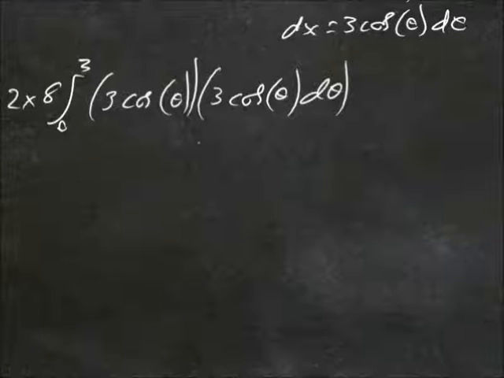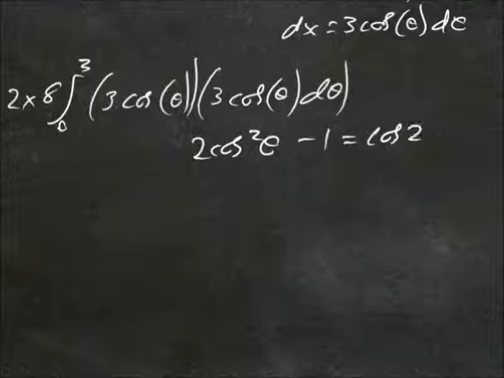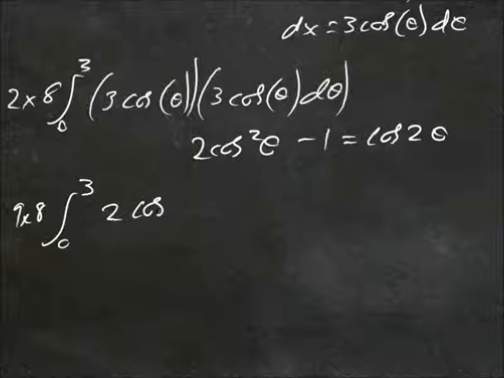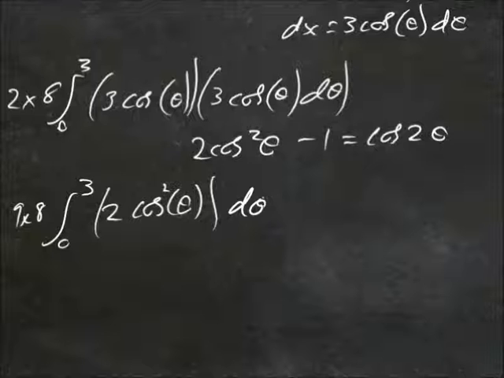Now there's a relationship that says that 2 cos squared theta minus 1 equals cos 2 theta. Now rearranging our function, we could say that our 9 times 8, so it's getting rid of these 3's and putting the 2 in there, from 0 to 3, and we have our 2 cos theta squared d theta.